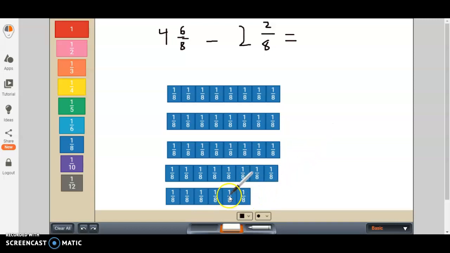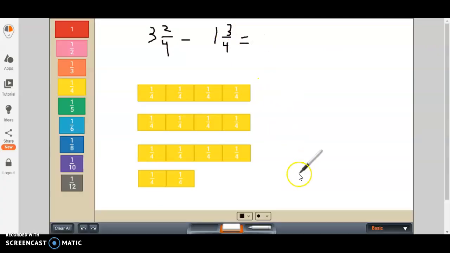Well, if I take away 2/8 first, and then 2 whole numbers, what I'm left with is 6/8 minus 2/8 is 4/8. 1, 2, 3, 4. And then 4, 1, 2, 3, 4 minus 2 equals 2. So my answer is 2 and 4/8.